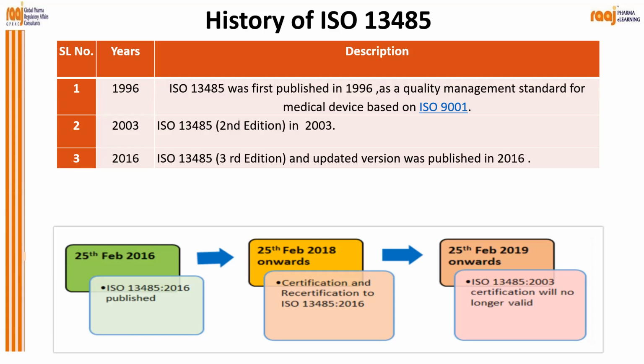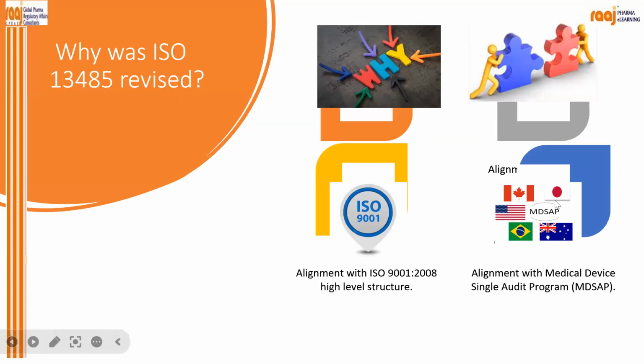So whenever a standard or rule is published, they give us sufficient time to implement it, so that manufacturers get sufficient time to meet those requirements. Because whenever it is published, in the same year we cannot implement the systems to meet the requirement. There are thousands of manufacturers, right?